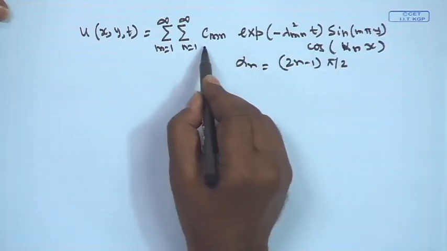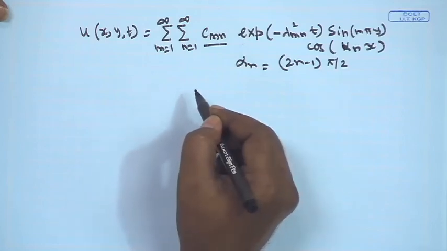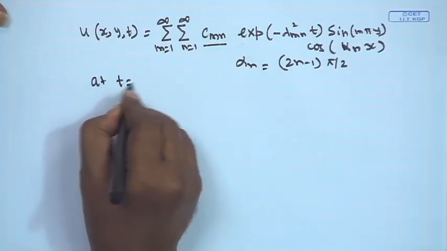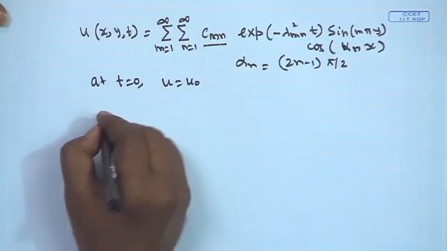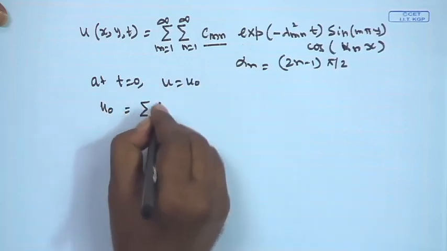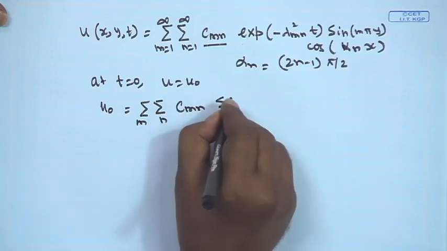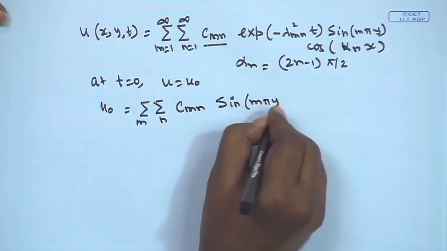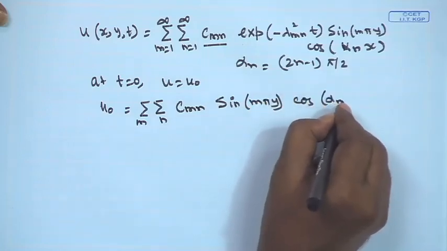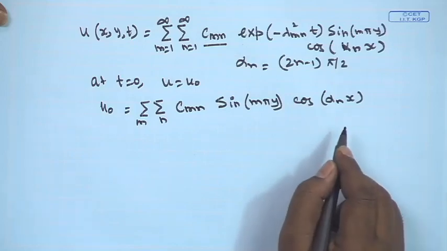Okay. So, again the unknown constant C m n will now be evaluated from the initial condition at t equal to 0, u equal to u naught. So, we had u naught equal to double summation over m and n of C m n sin m pi y cosine alpha n x. We will utilize the orthogonal property of the eigenfunctions. We will multiply both sides by cosine alpha m x and sin n pi y, and integrate over the domain of x and domain of y.